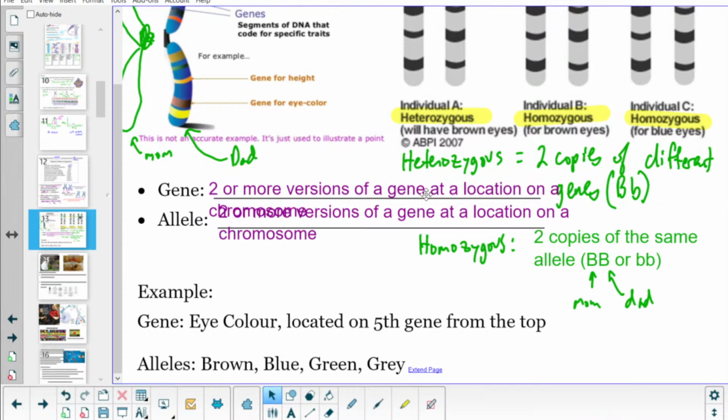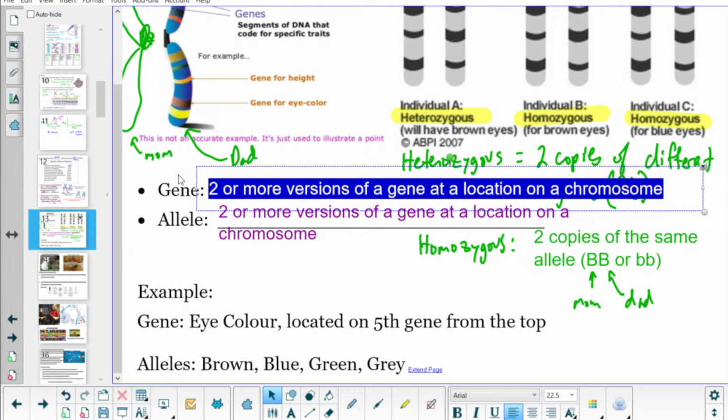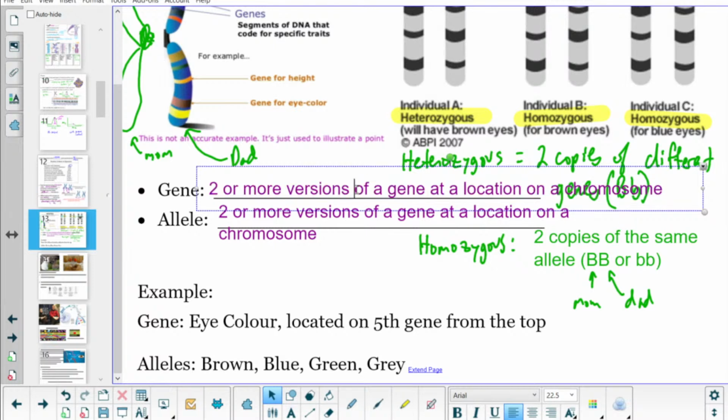And then this one, what is a gene? Blue genes. A gene is a unit of heredity. How do you spell heredity?